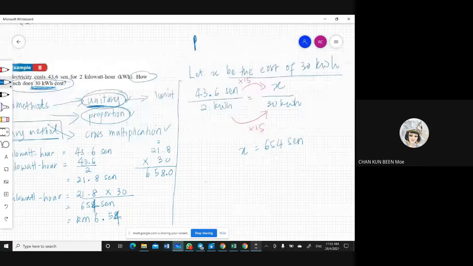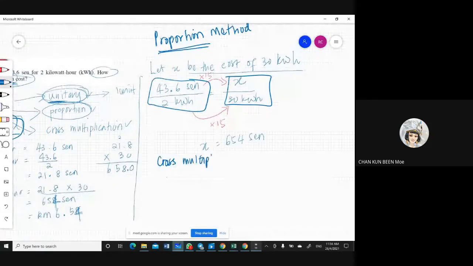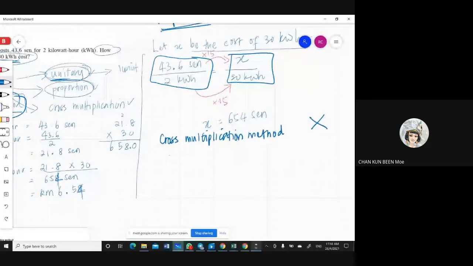So now for the cross multiplication method. From this word, you know that it means to cross multiply like this. Okay, so I'm going to write down in the form of proportion first. Same thing, for the cross multiplication method we need to use the variable x. So we need to make an assumption. You know what is the meaning of assumption?